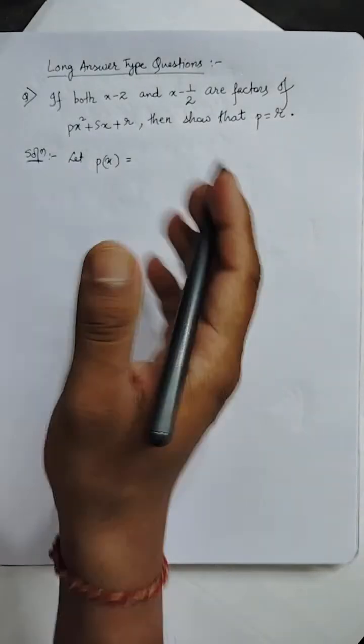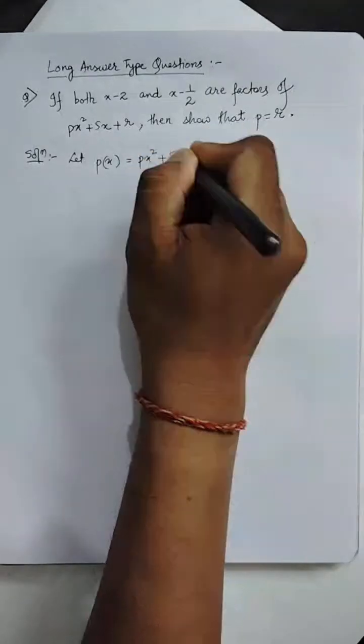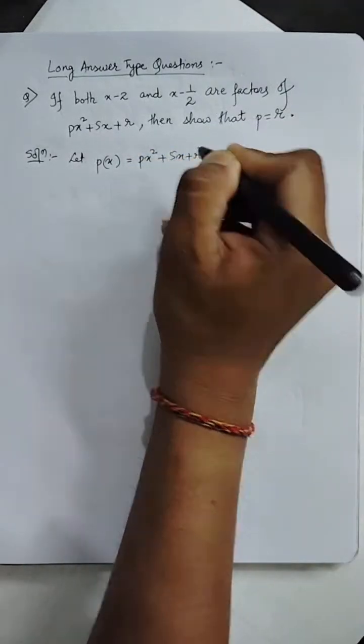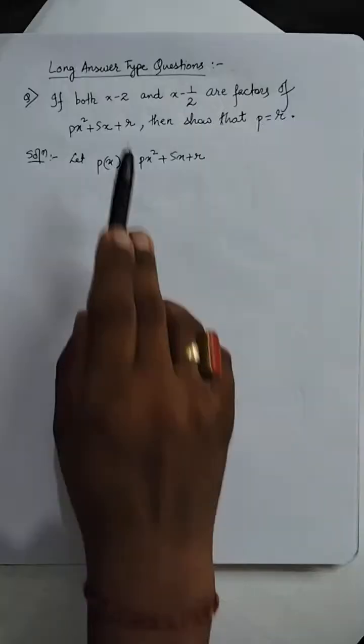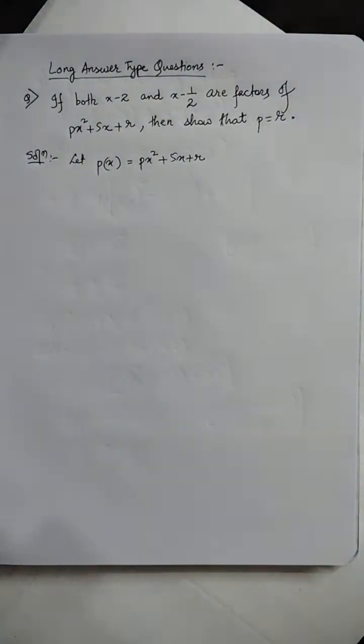So this means the polynomial with variable x, px square, and we have been told that both these terms, x minus 2 and x minus half, are factors of px square plus 5x plus r. So we know when one polynomial is a factor of another polynomial, then if we divide them, the remainder is 0. That's what happens when one polynomial is a factor of the other polynomial.